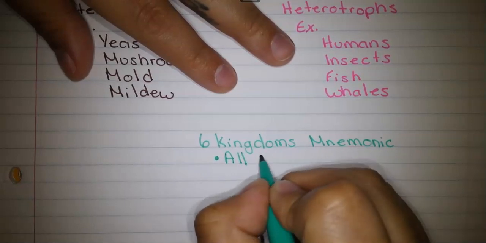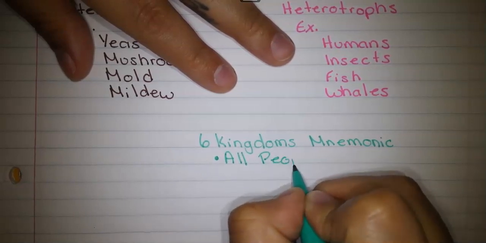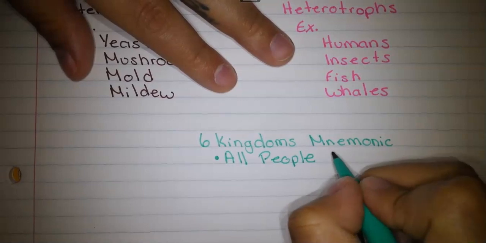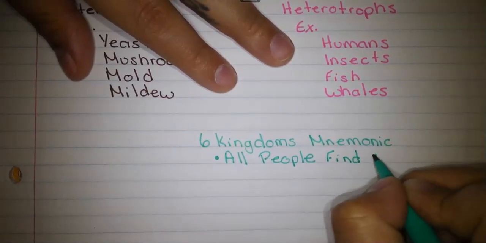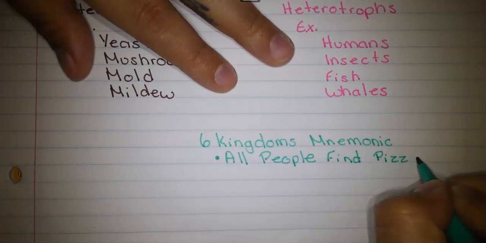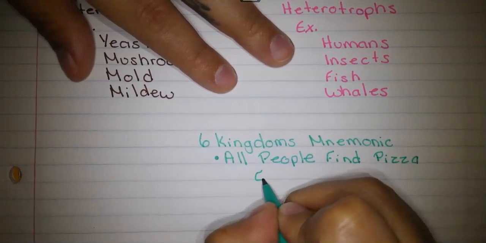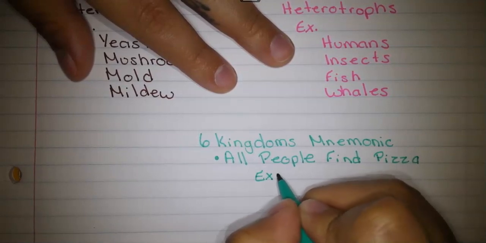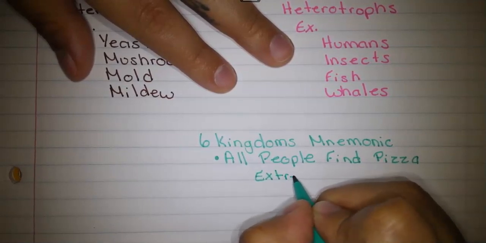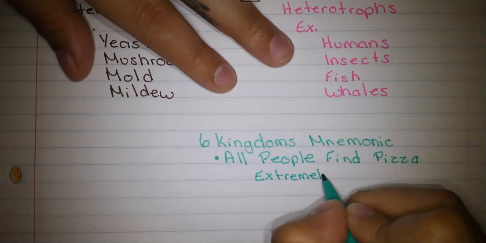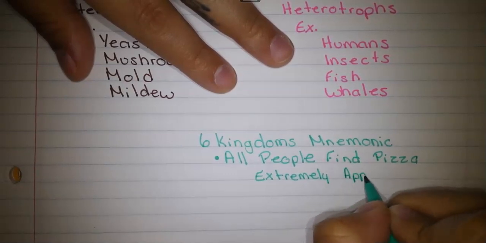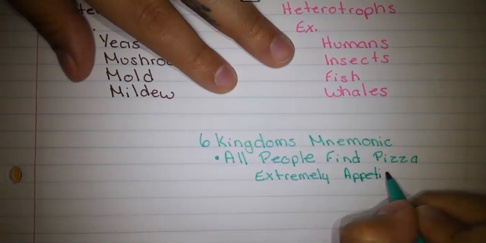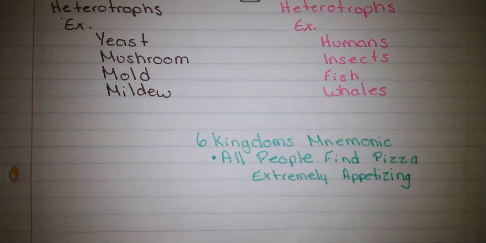All people find pizza extremely appetizing. Okay, 6 words, 6 kingdoms.